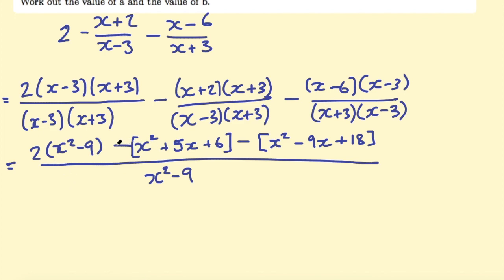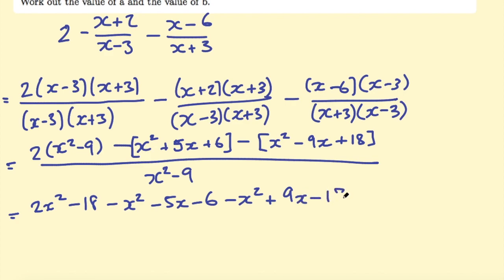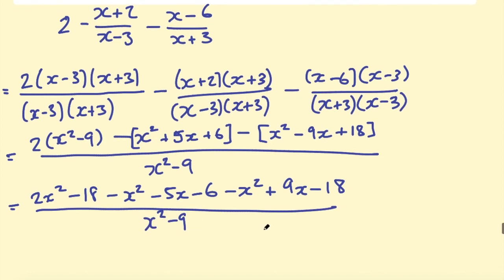So first thing we need to do is expand these brackets out, so we're making sure we're using this negative symbol correctly. So this is going to be, expand these brackets out as well, 2x squared minus 18 minus x squared minus 5x minus 6 minus x squared plus 9x minus 18 all over x squared minus 9.